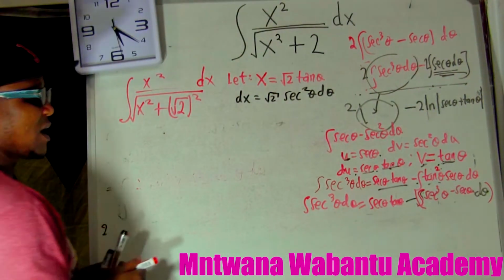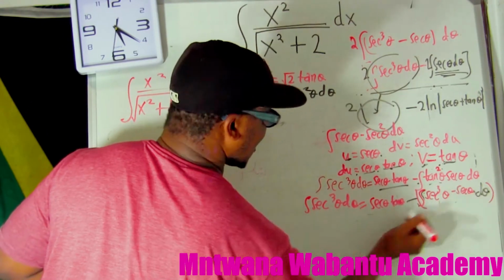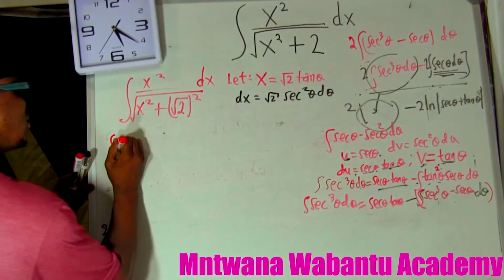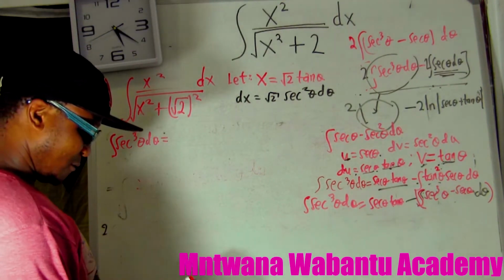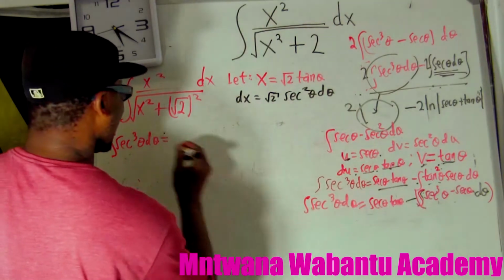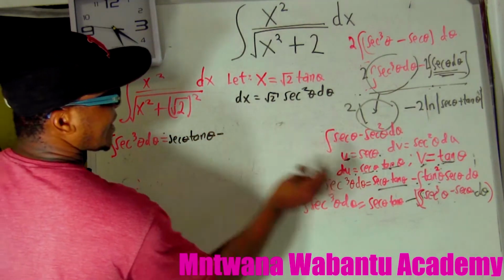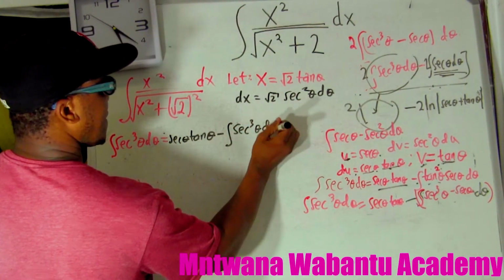Now I can open the bracket, so this is going to be minus and that's going to be plus. Then it's going to be integral of sec cube theta d theta equal to sec theta tan theta minus integral of sec cube theta d theta.